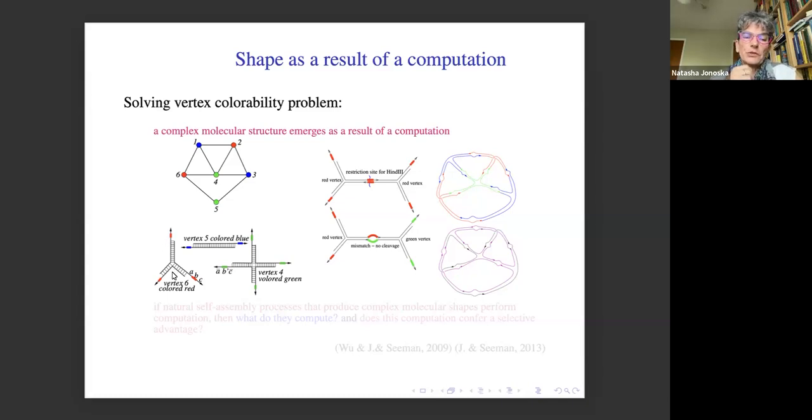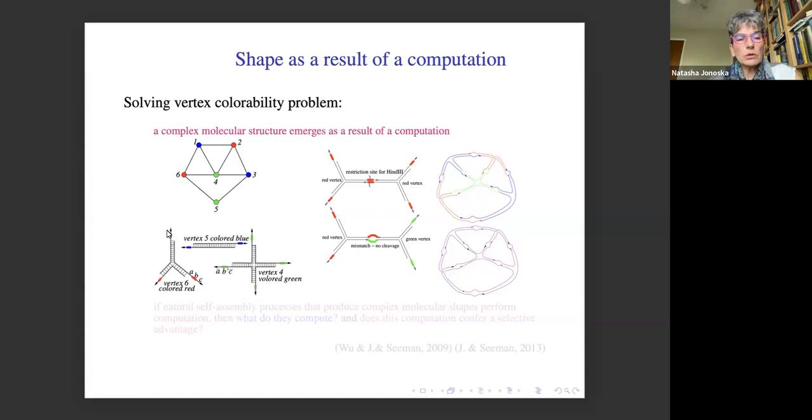I'm going to have this molecule with the red color here. This is a sequence that is encoding a red color, and the single-stranded portion of the sequence will try to find its complement in the design.